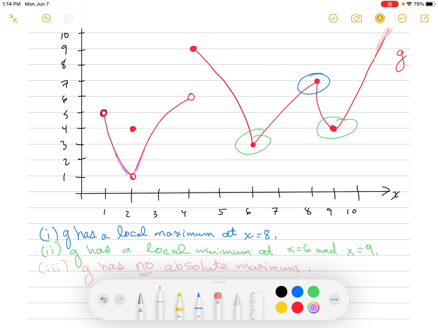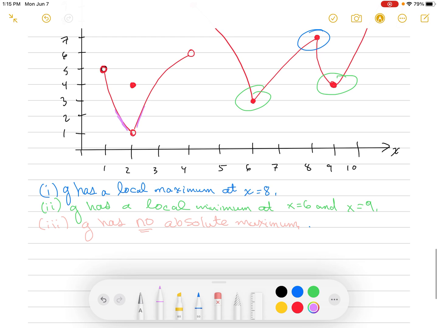You can say you have 1.01, 1.0001, 1.000001. Those y values get closer and closer to 1, but never quite get there on the graph. So there is going to be no absolute minimum here.